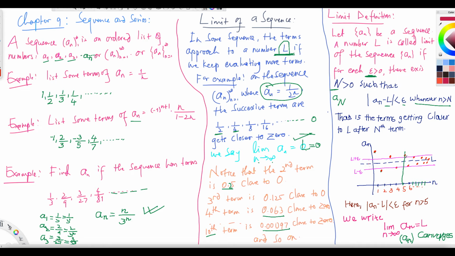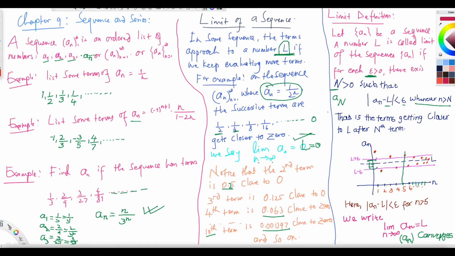all of the terms are within the epsilon distance. Suppose this line is L. Now we see that after the fifth term, all of these dots are within the, this is L plus epsilon, this is L minus epsilon, within the epsilon stripe.